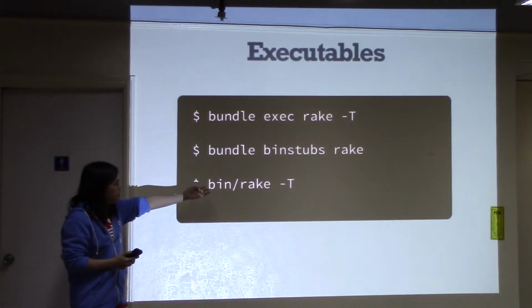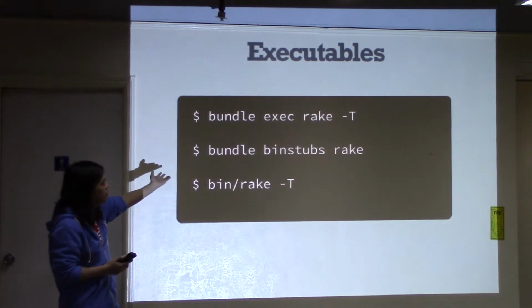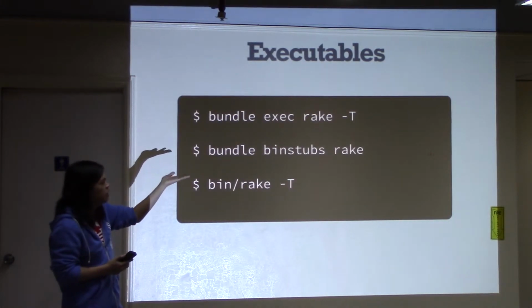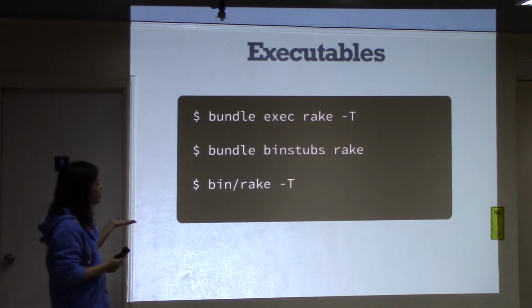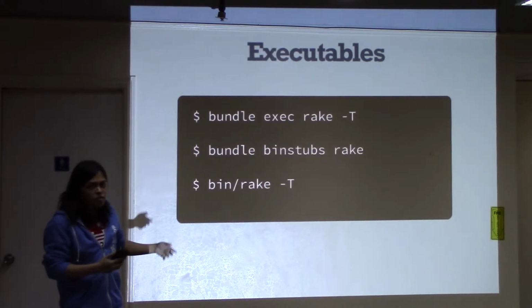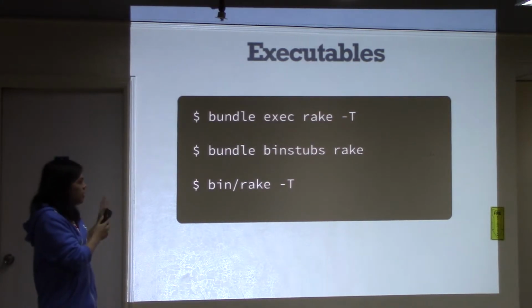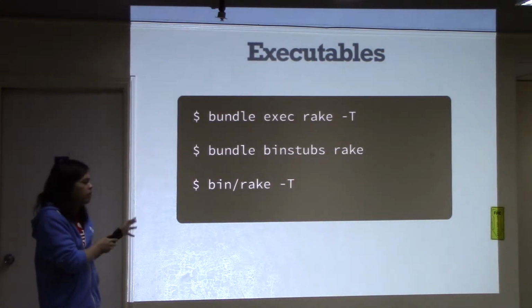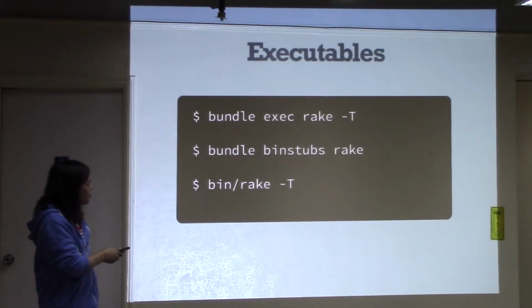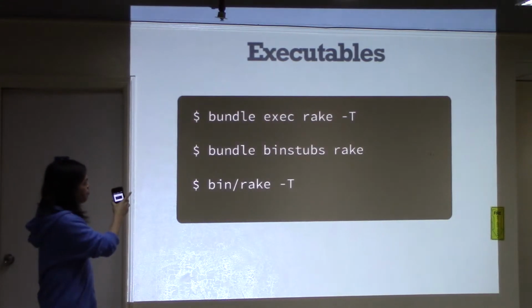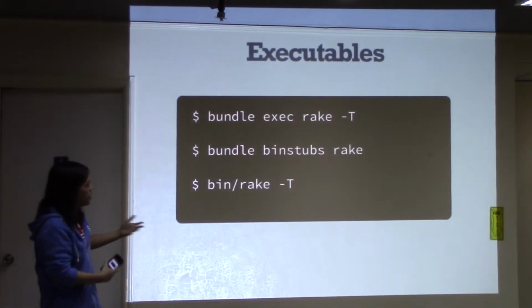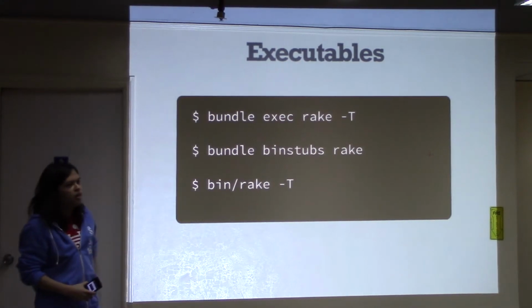In this case, for Rails 4, you don't really need to generate bin stubs for rake because Rails 4 already has a bin stub for rake. But that applies obviously to the other gems that are not yet under the bin directory of your Rails project. So bundle binstubs, and then the specific gem, and then the gem executable will be provided under the bin directory.